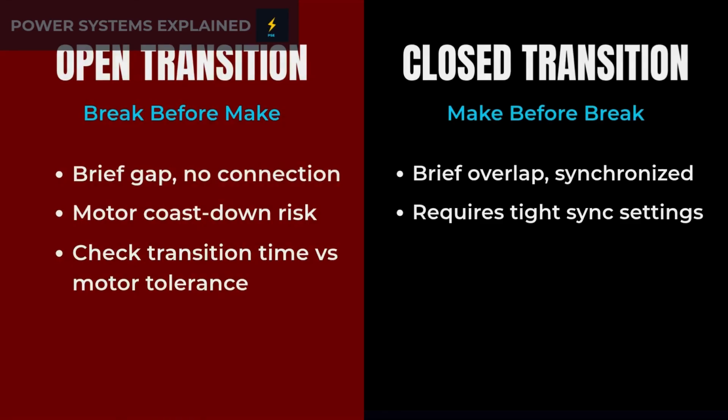I check the sync settings on the ATS controller and confirm frequency and phase angle windows are tight before I trust a closed transition system on a live site. This is the mistake I mentioned in the introduction. I've seen sites with closed transition ATS installed, which is the right call for their motor load, but the sync settings were never properly commissioned, so it behaves worse than a simple open transition would have.